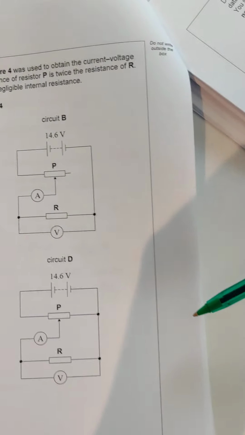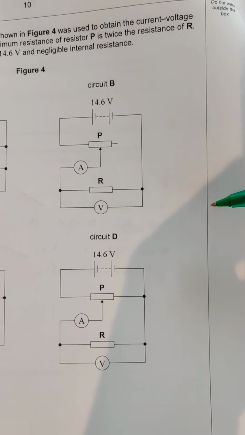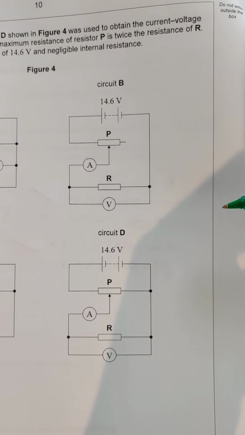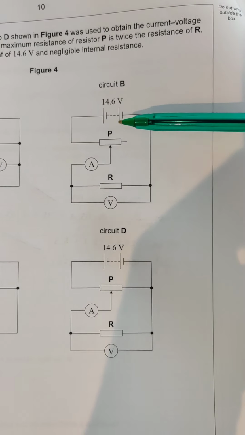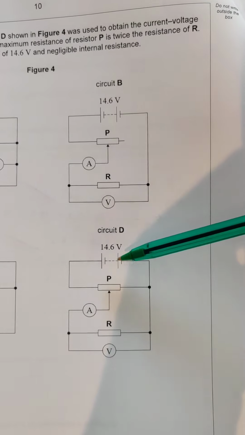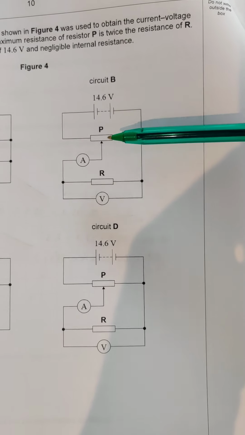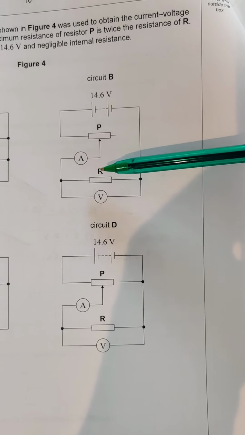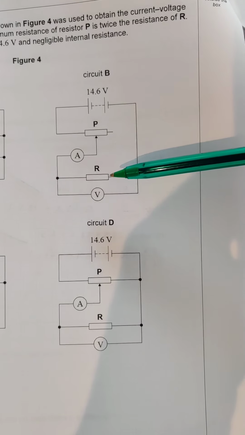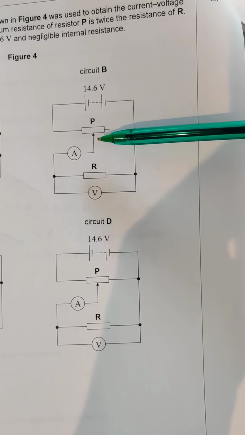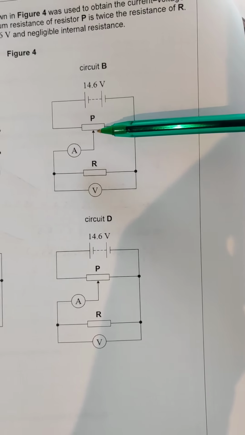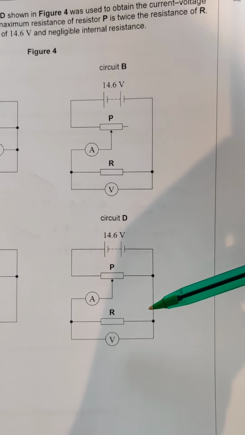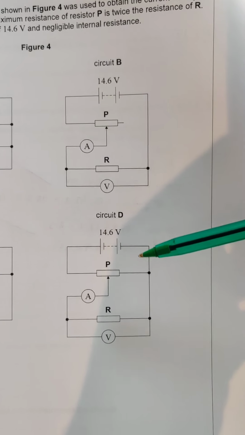Right, so let's come over to circuit B and see if we can figure out what's actually wrong with it. In both cases, B and D, we've got both our resistors. This is then in series with resistor P, whereas this one is a parallel arrangement.